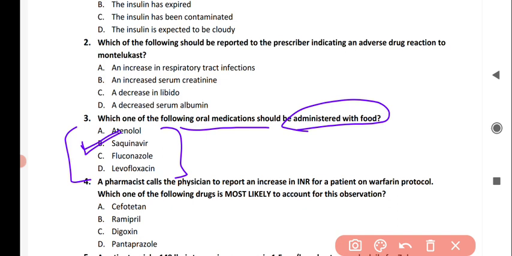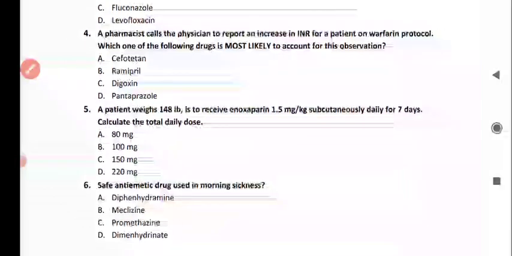Also, one more important use is that it allows to maximize the bioavailability of the drug. If I talk about atenolol, atenolol is given before bedtime. If I talk about fluconazole, then fluconazole is given either before or after a meal. And if I talk about levofloxacin, it can be given 1 hour before or 2 hours after eating. Then we can move to the next question.